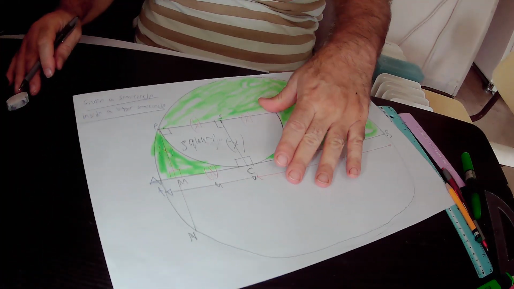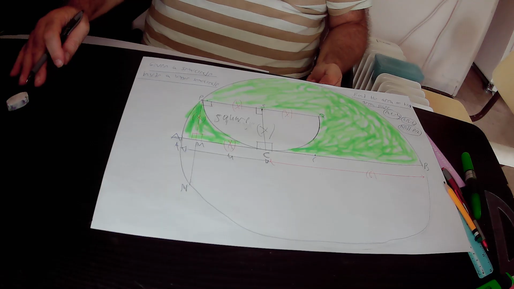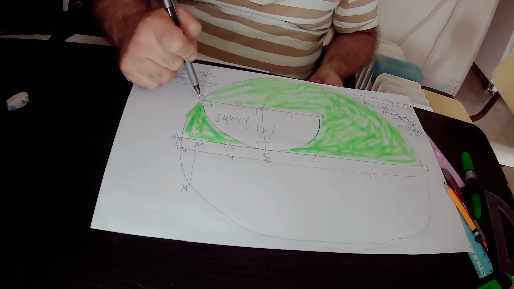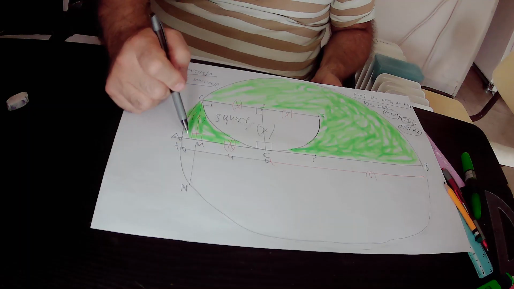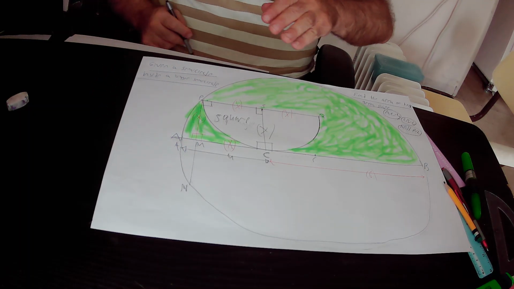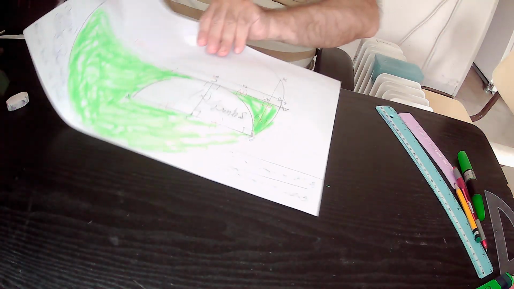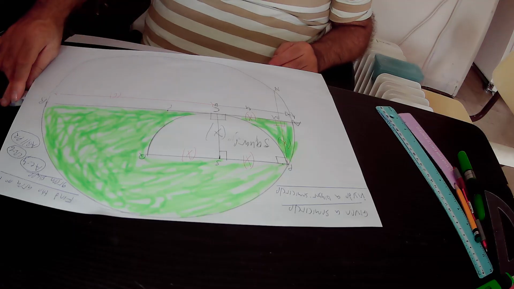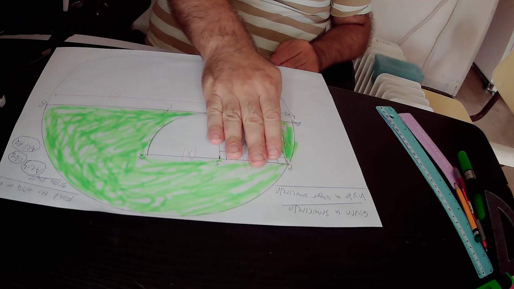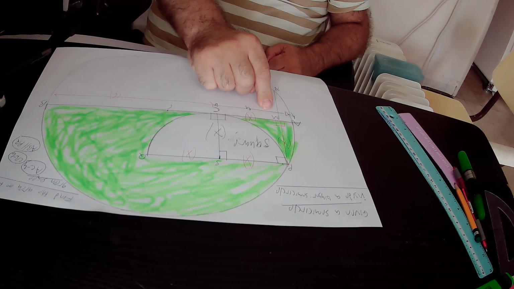So PM is a tangent. PM is a tangent, it is absolutely a straight line. And when you extend a straight line by straight line, the result PN must be also a straight line. So PN is a straight line. So if we focus on the right side of the straight line PN at point M, here the sum of the angles must be equal to 180 degrees according to rule 3.